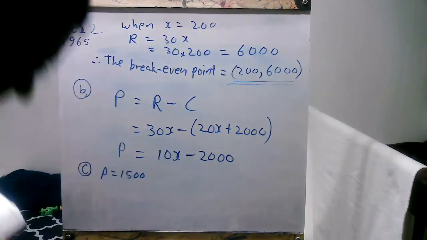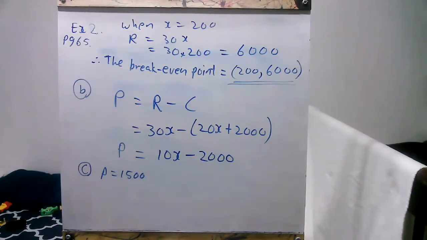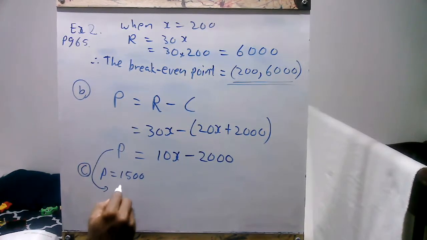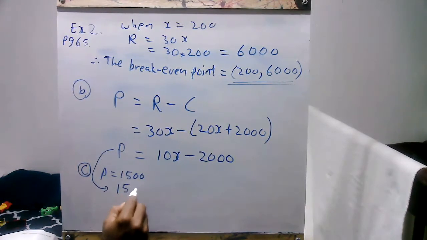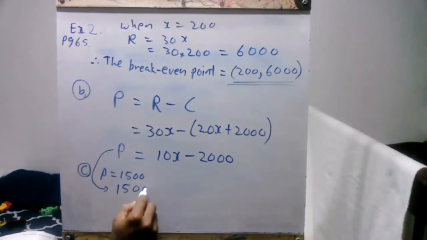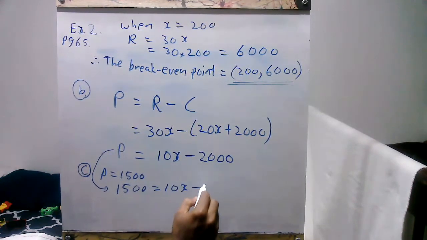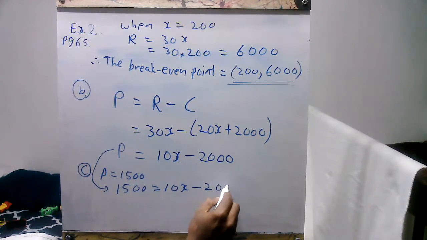Substitute it here. P is 1500 equal to 10x minus 2000.